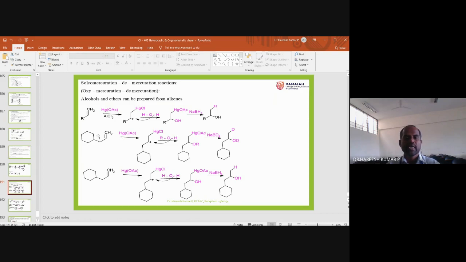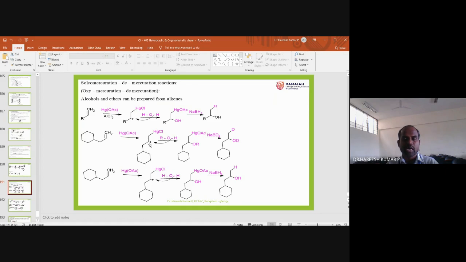Similarly, here I am taking one more alkene. Its substituent is different. This is a general, maybe alkyl or aryl group, but this is a specific reaction, a specific substrate. What will happen? This bond pair forms a bond with this Hg, with removal of acetic acid. That is how the intermediate is obtained.